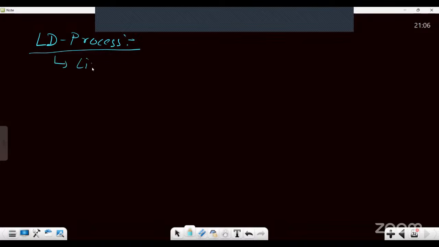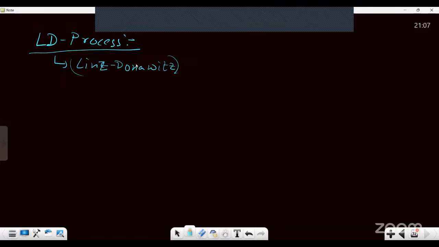This is called Linz and Donawitz. The process is named after two places, one known as Linz and another Donawitz. Actually, this process was first used there in Austria. That is why this name was given, so LD stands for Linz and Donawitz.